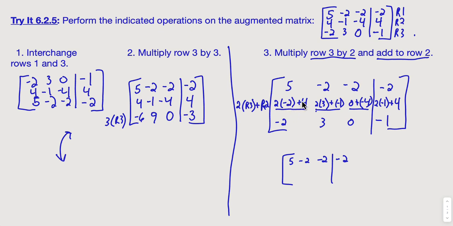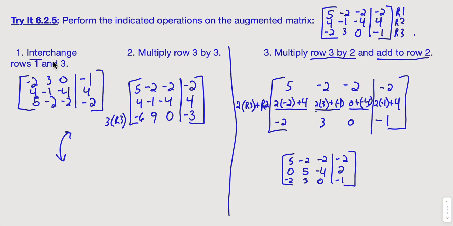Plus 4 is going to be 0. 2 times 3 is 6 plus negative 1 is 5. 6 minus 1 is 5. 0 plus negative 4, that's just going to be negative 4. 2 times negative 1, that's negative 2 plus 4. That's 4 minus 2, which is just going to be 2. And then again, our third row is negative 2, 3, 0, negative 1.